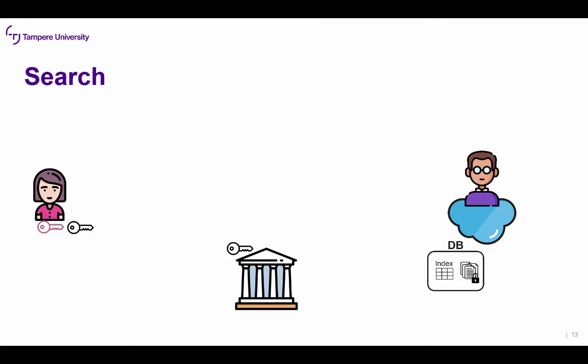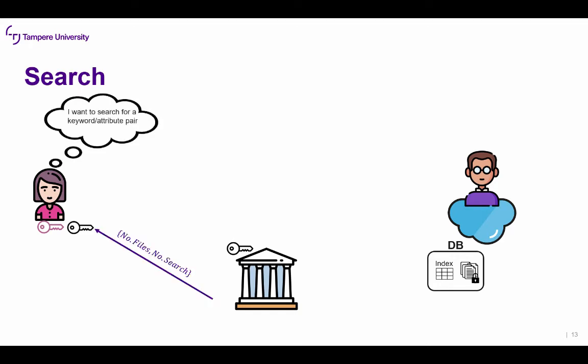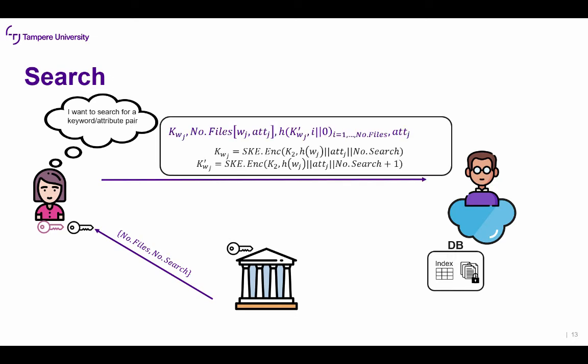Now, to search for a keyword attribute pair, Alice starts again by requesting the number of files and number of search values for that specific pair from the TA, and then she sends the search token to the CSP.